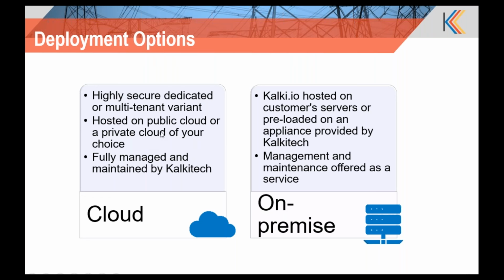Or if you want your own dedicated private cloud, that is also an option, where it can be deployed for your specific customer. That is the two cloud deployment options, public cloud and private cloud.